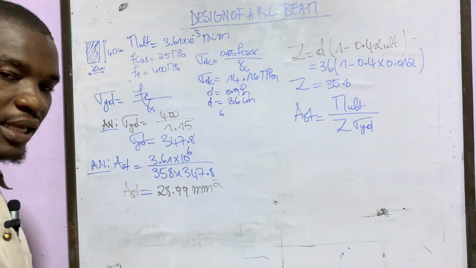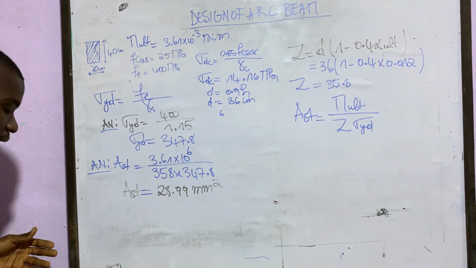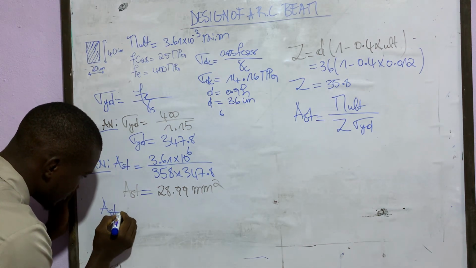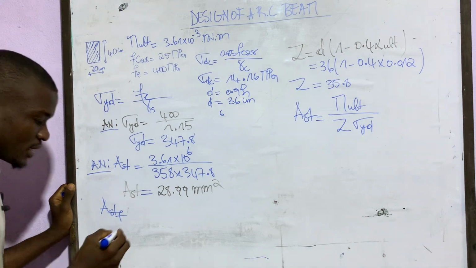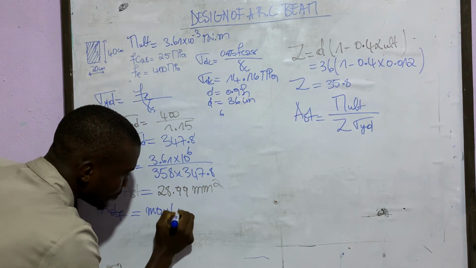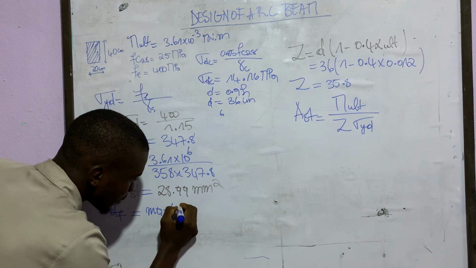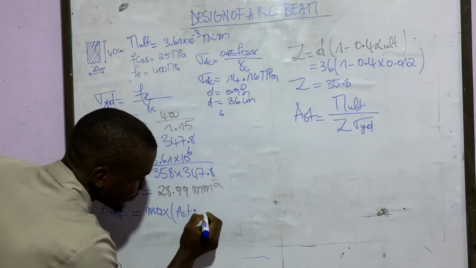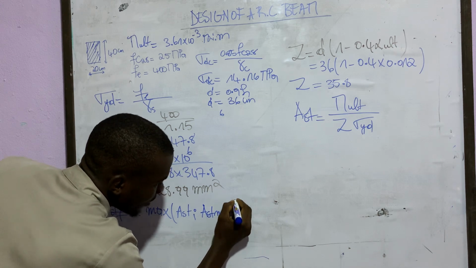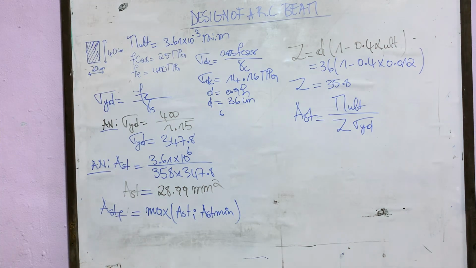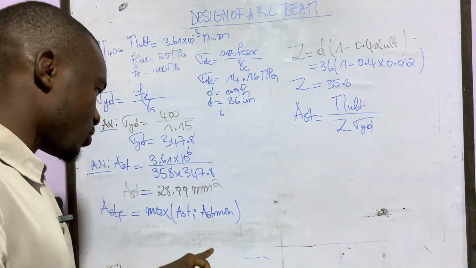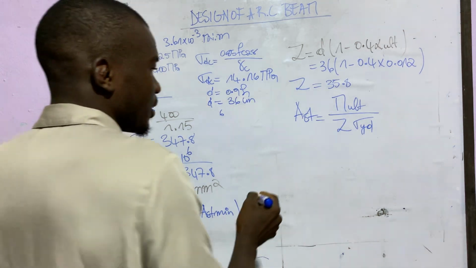So we'll calculate the AST mean, because AST final, which I will abbreviate ASTF, is actually equal to the maximum between AST and AST mean. So we'll have to check the condition of non-fragility to have the AST mean.